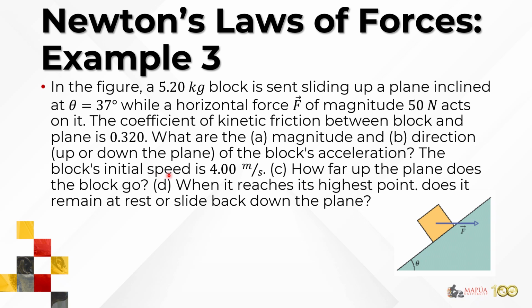And then for C, it has an initial velocity, so we're going to use the kinematics equations for C. And then for D, we will determine if it's going to remain at rest or slide back down the plane. Basically, we're going to determine if the friction with the plane is enough to stop the block, or if it will slide back down.